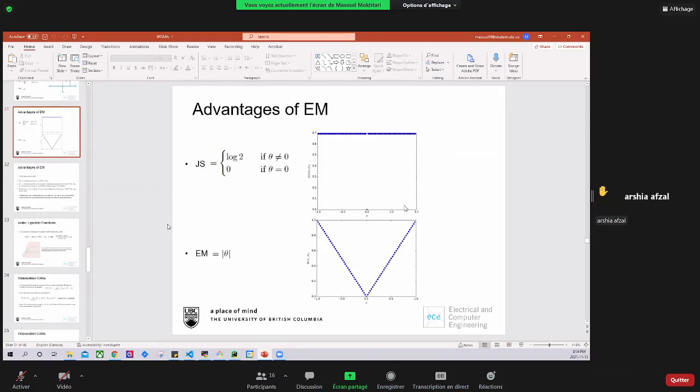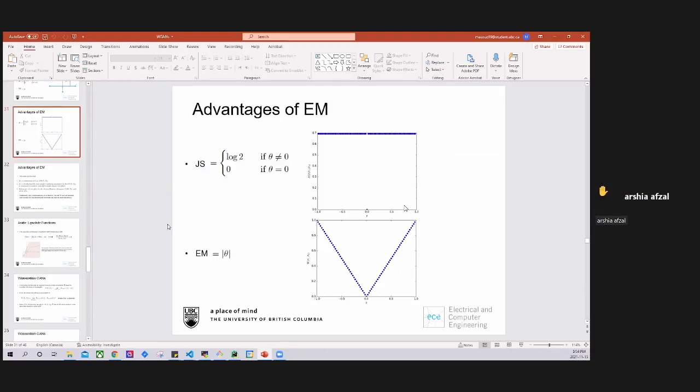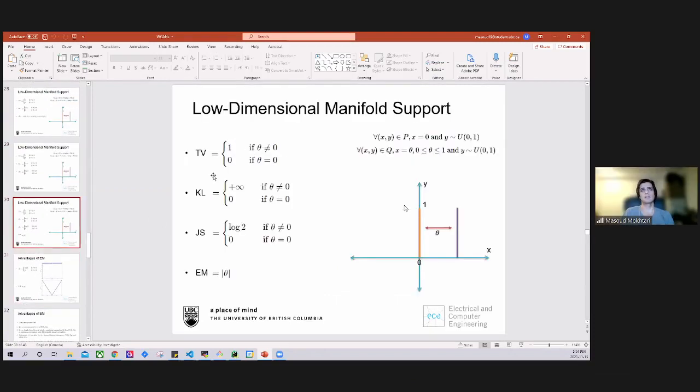Does it have these benefits in comparison with TV as well? Yes, if you look at TV again here, it's a constant value. So just based on this difference, we chose the EM.